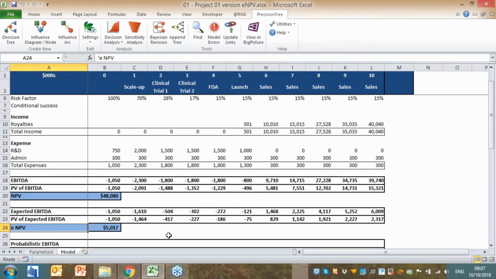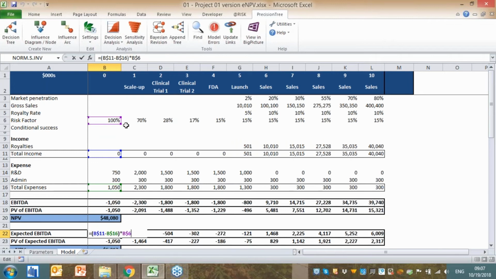And it's very simple. Instead of working on our revenues for EBITDA over here, plain as they are, we multiply our EBITDAs, in other words, our cash flows, times the probabilities, or we call them risk factors, of being successful on each one of the stages.